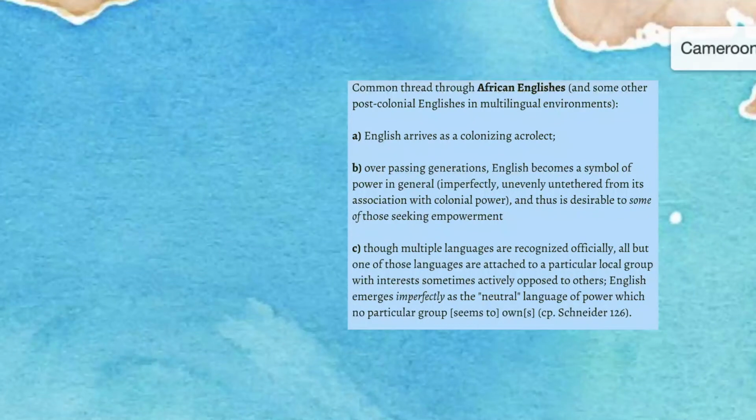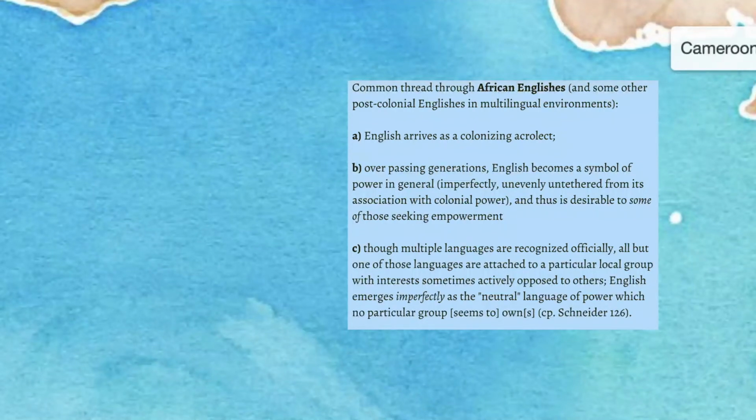It becomes the acrolect. Then, though multiple languages are recognized officially, all but one of those languages end up attached to a particular local group, with interests sometimes actively opposed to others. This happens in India with debates between Tamil and Urdu and Hindi. This happens in West Africa with debates among multiple indigenous languages, as well as in South Africa, which I'll cover in a moment.